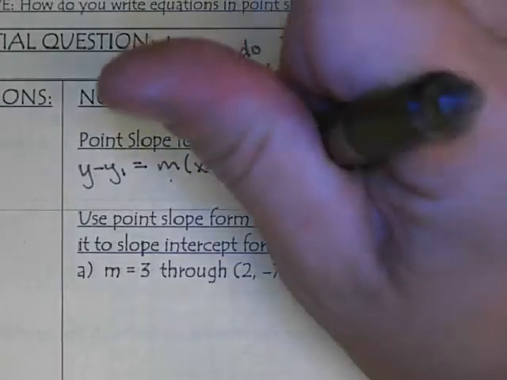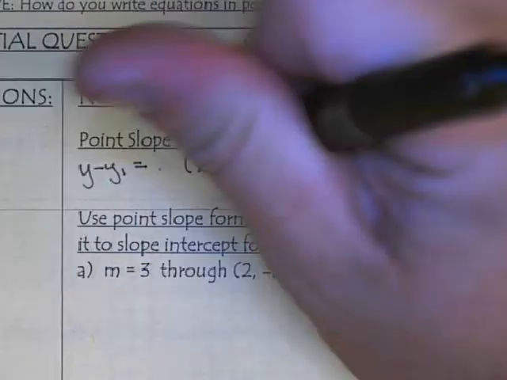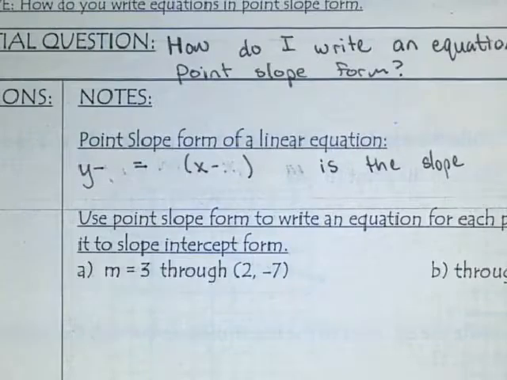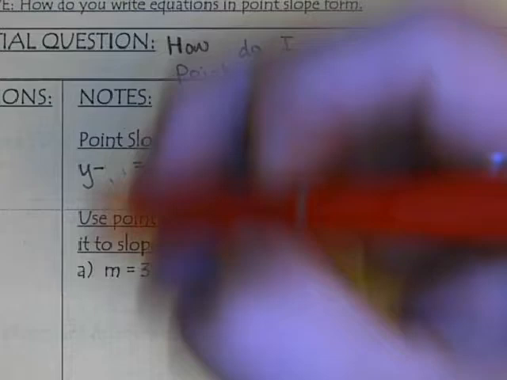Let's see if we can get some color in here. Put our slope in red.